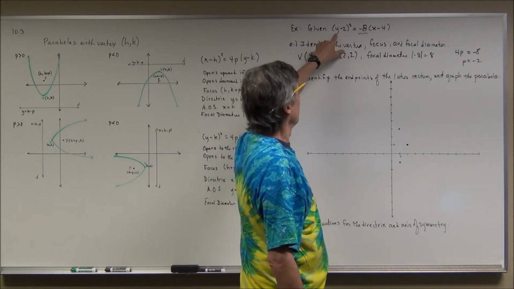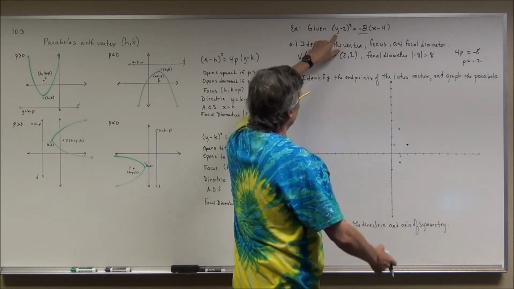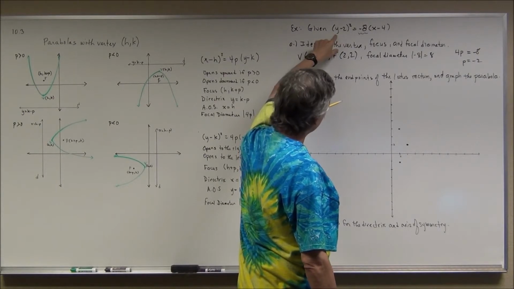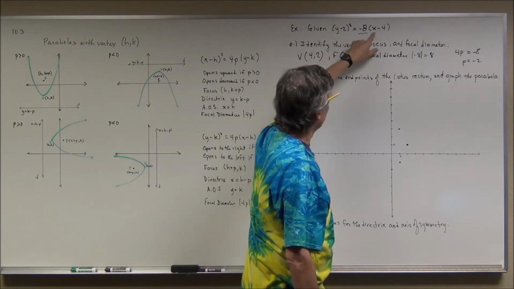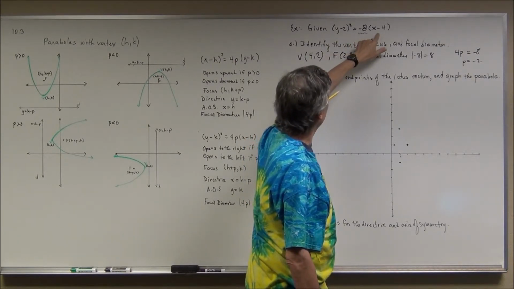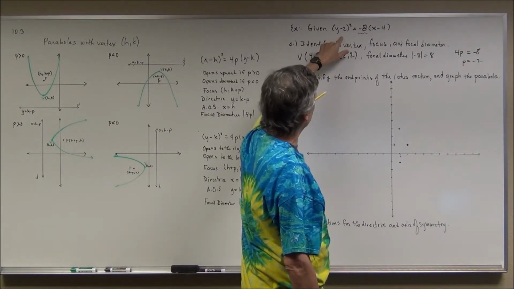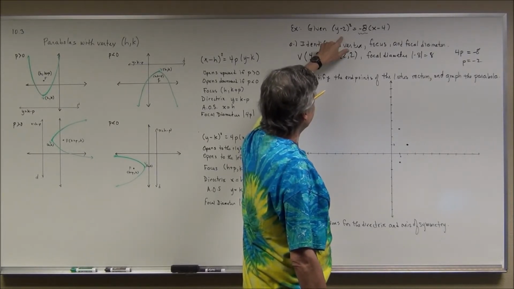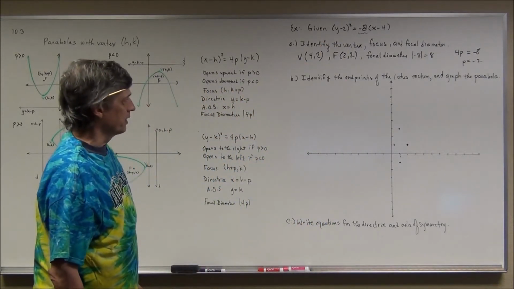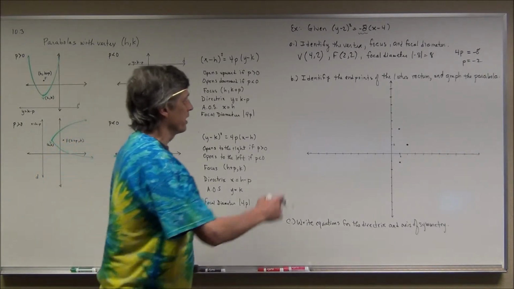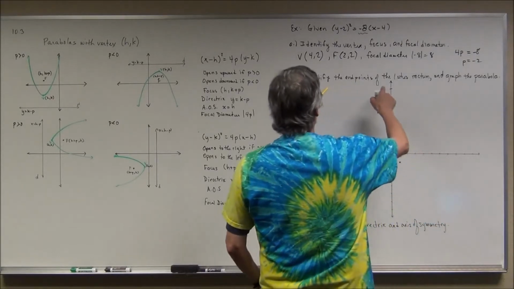If I put in an x value of 0 in here, that's going to give me a positive 32 here. Take the square root, that's 4 square roots of 2, add 2. Oh, that's about 8. So yeah, I'm going to have to get the calculator out to approximate that. But you can find a couple more points by plugging in some values here. I'm going to try my best to get a curve out of this, because that's what it's asking for.